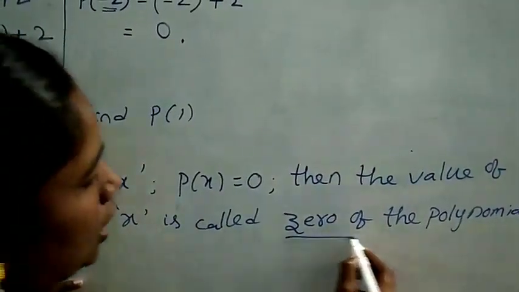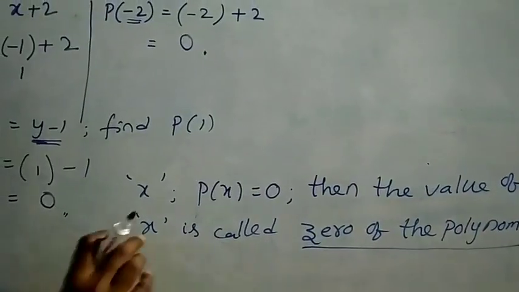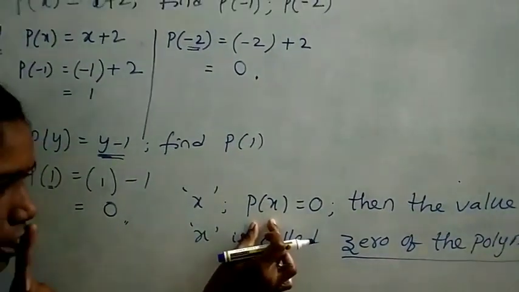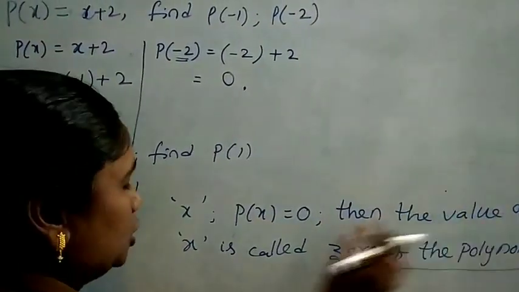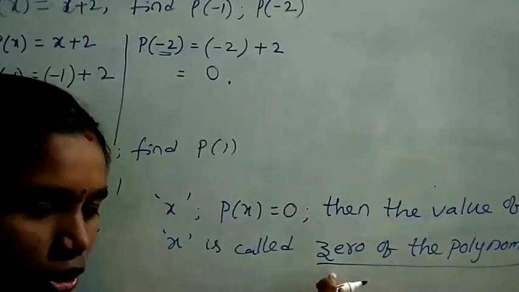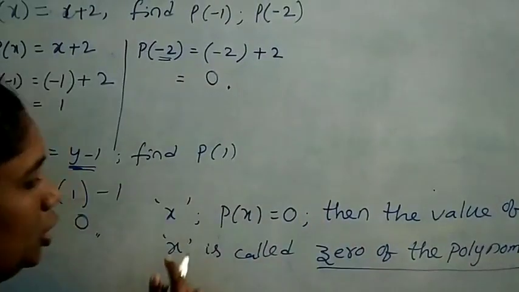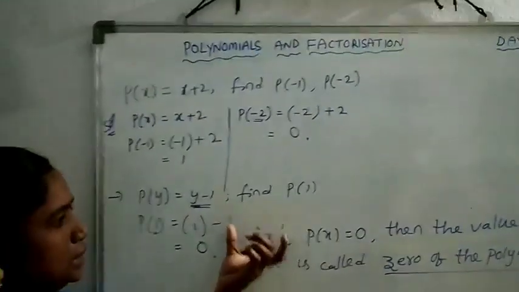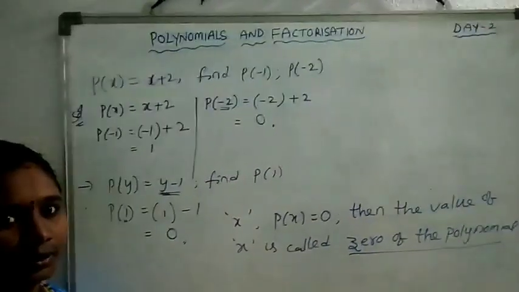For any value of x, if we get P of x is equal to 0, then that value of x is called the zero of the polynomial. Okay, children, we will see some more problems on this zero of the polynomial.